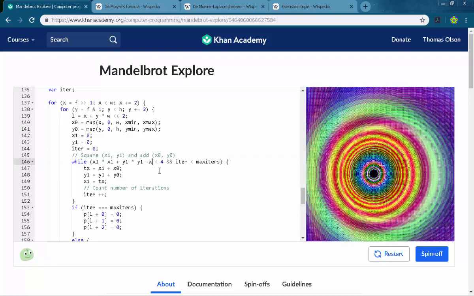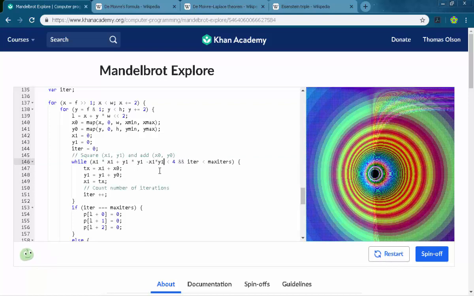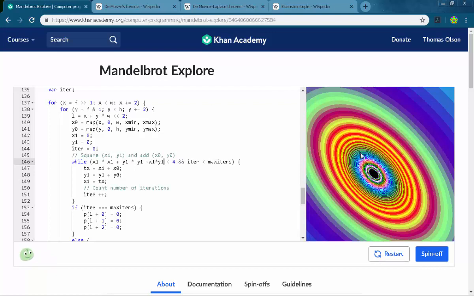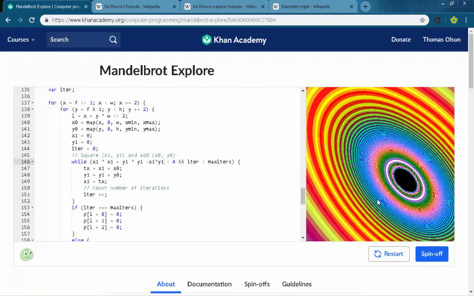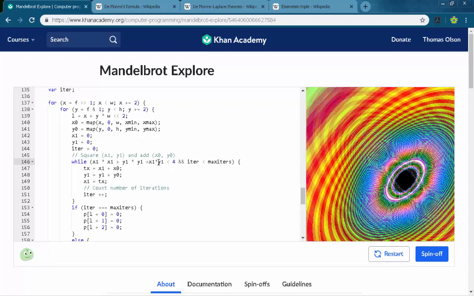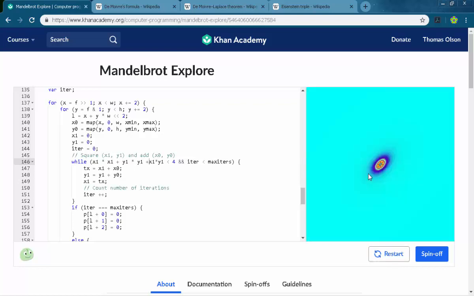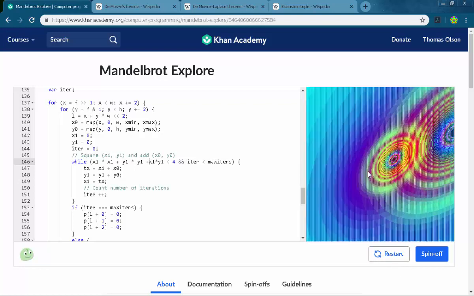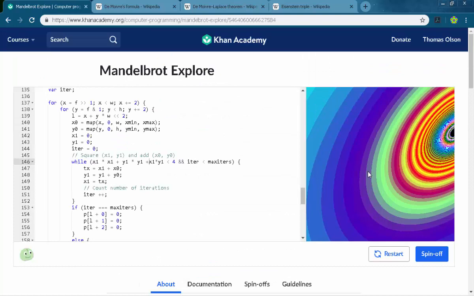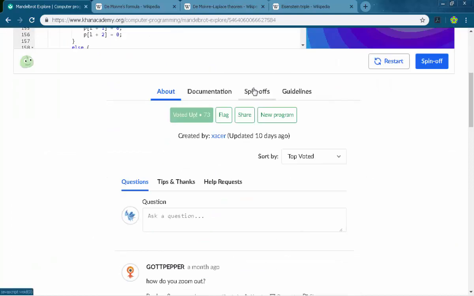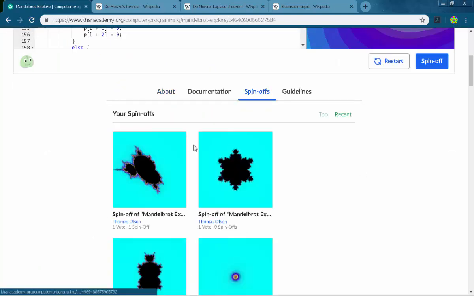It'll have to be X1 times Y1. And then we got the ellipse again. I can also add that. That's the 120 degree. We'll start. And I can do the other variations on this.